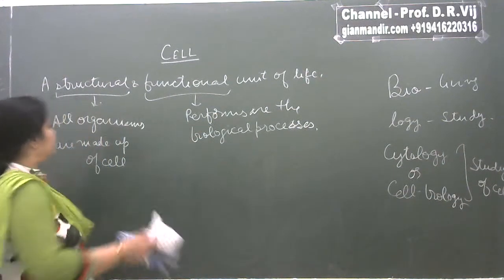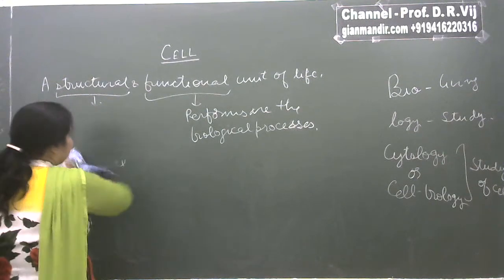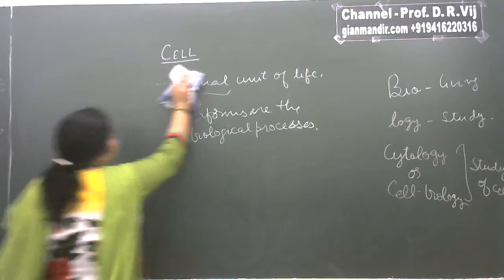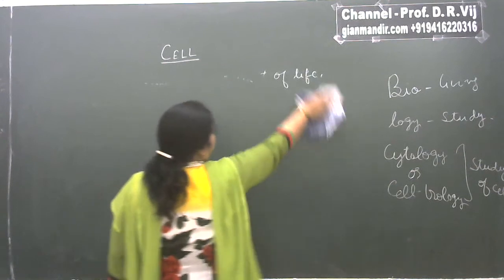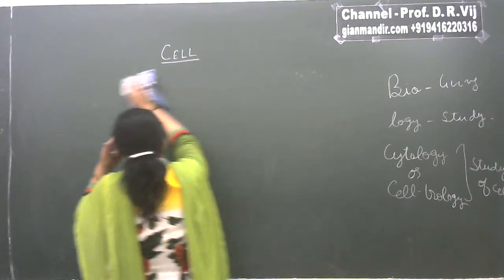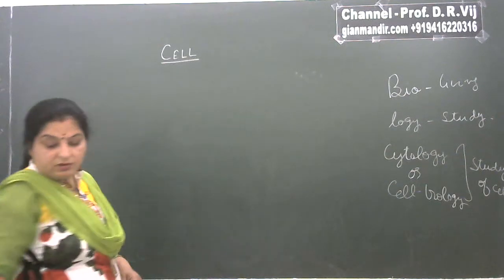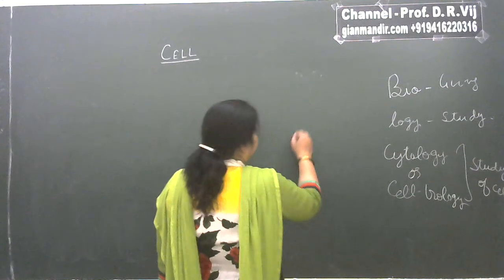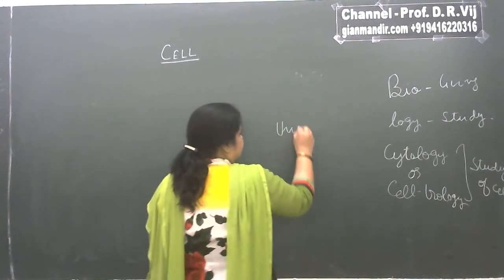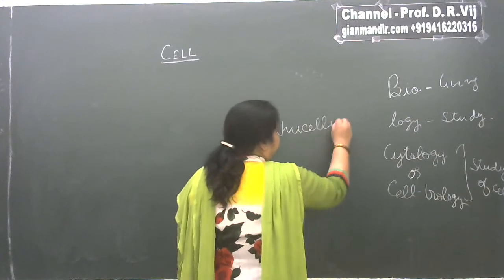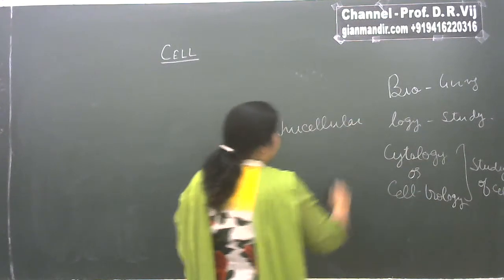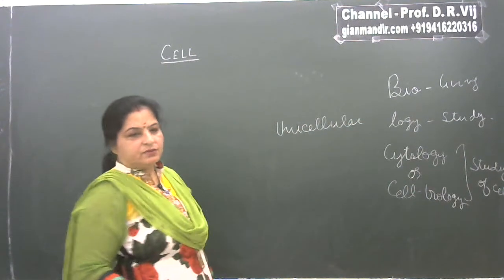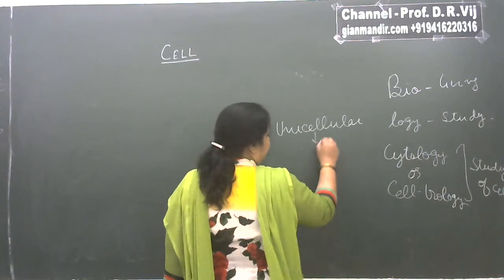So, with the help of a few activities, we can prove that all the organisms, whether plants or animals, are made up of cells, right? And before going for that, there are some cells that are capable of independent existence, and these kinds of organisms are known as unicellular organisms. So what are unicellular organisms?